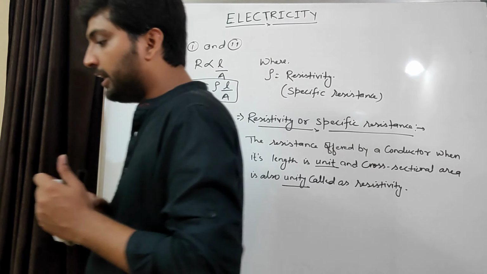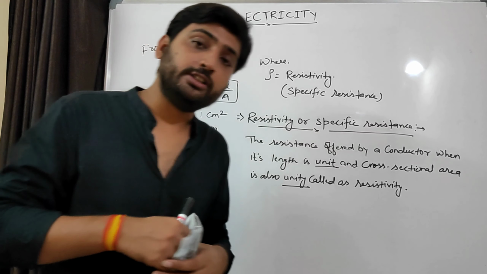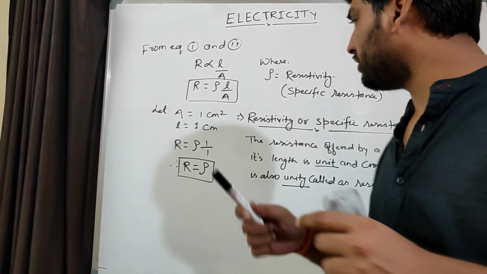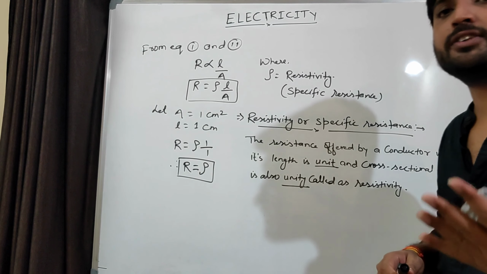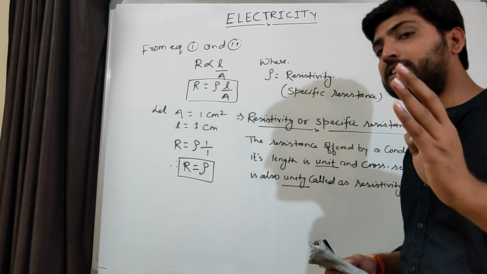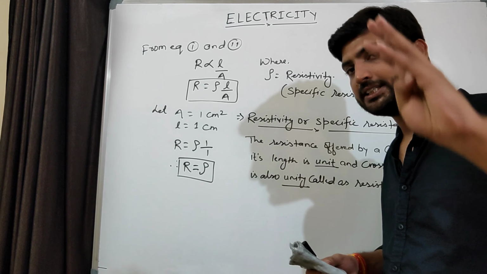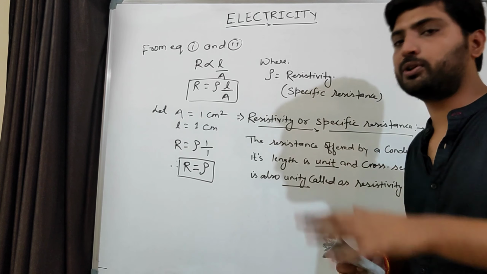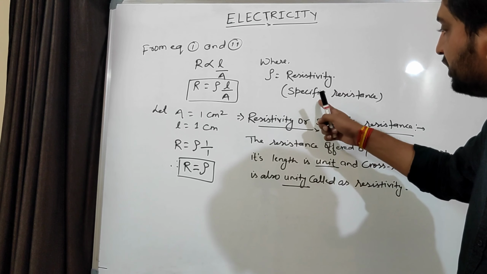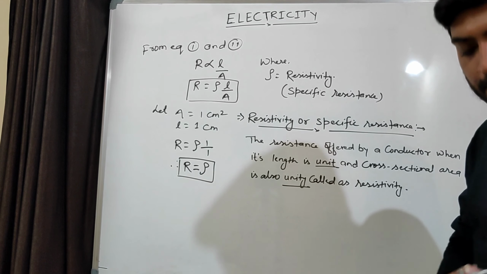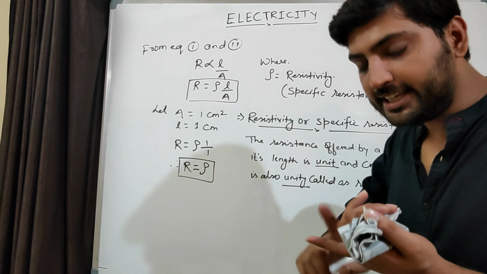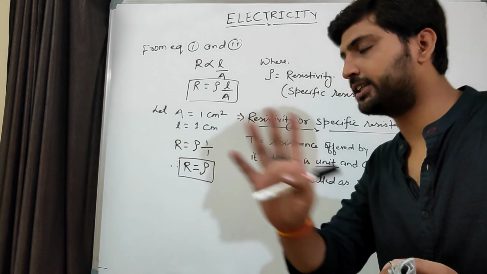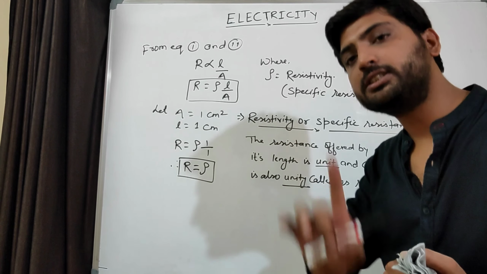Now think, if someone asks you on what factors this specific resistance or resistivity depends? See, resistance depends upon 4 factors: nature of material, temperature, length of the conductor, and area of cross section. But in specific resistance or resistivity, area of cross section is fixed and length of the conductor is fixed.